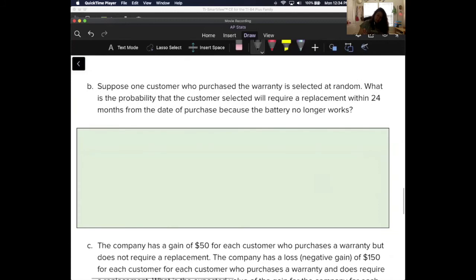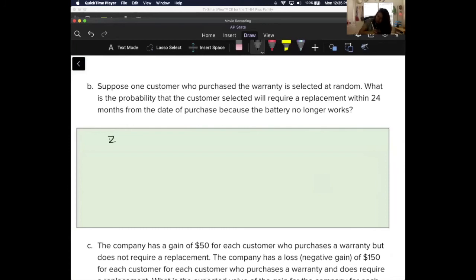Suppose one customer who purchased the warranty is selected at random. What is the probability that the customer will require a replacement within 24 months from the date of purchase, before the battery no longer works? Here we're going to be calculating a z-score to use to find our probability.